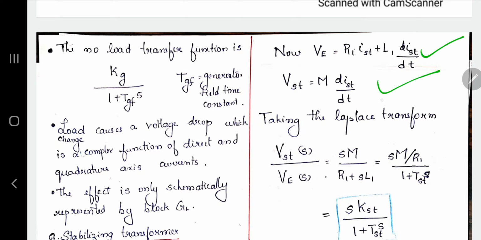Taking the Laplace transform and dividing both equations, VST of S divided by VE of S, you will obtain the equation like this.